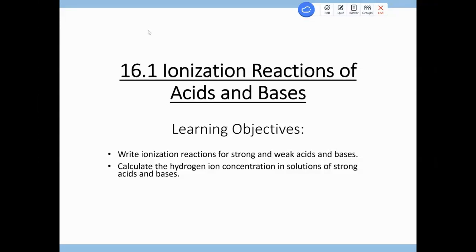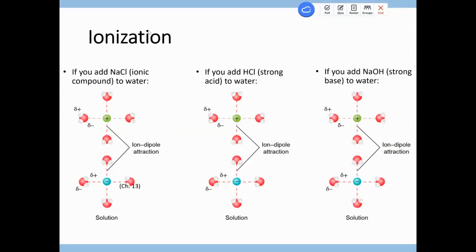First, we need to understand what happens when an acid is added to solution. These reactions that we're talking about all happen in solution. You might remember this image from chapter 12, I think it was, when we talked about intermolecular forces. This is the strongest intermolecular force, an ion-dipole interaction.